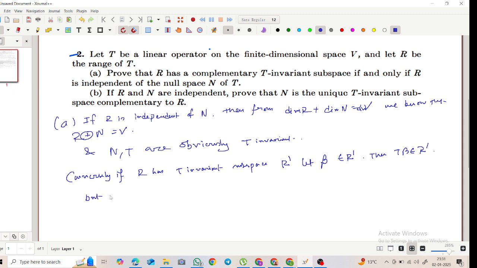But T beta is also in R. It implies T beta is 0 and beta belongs to N.